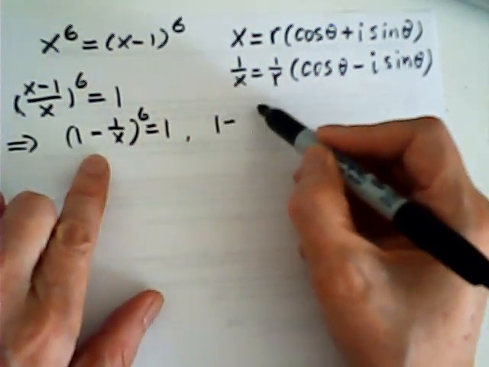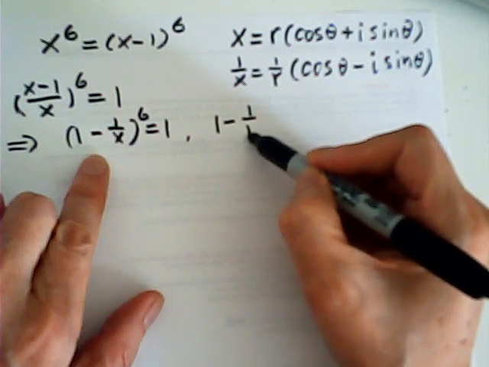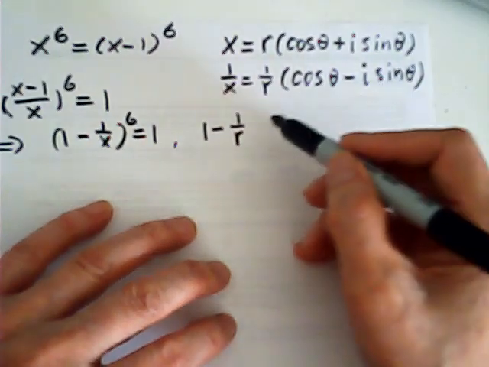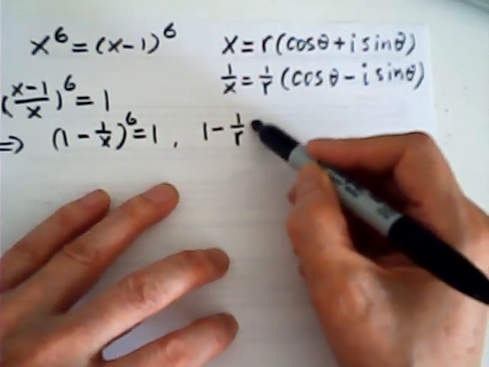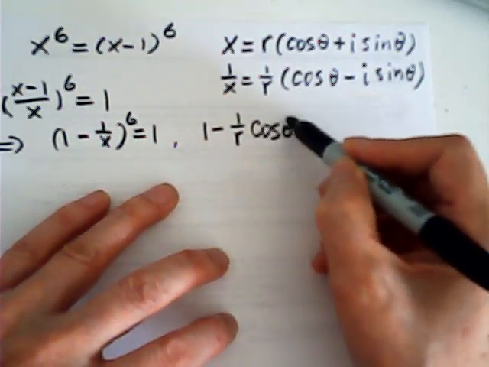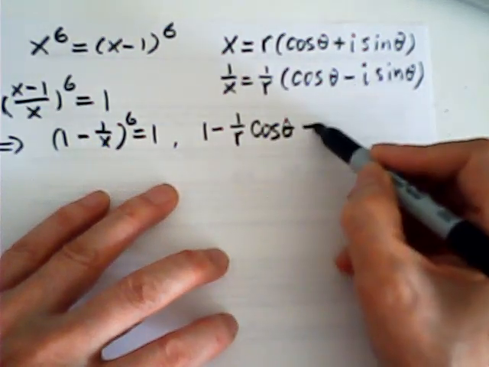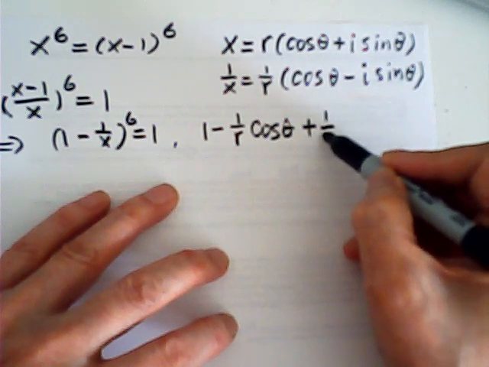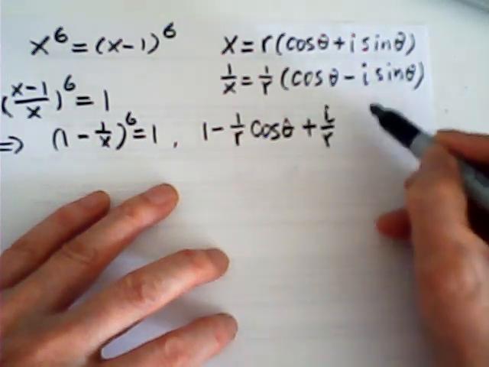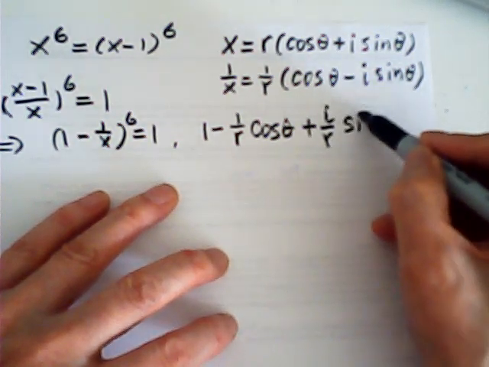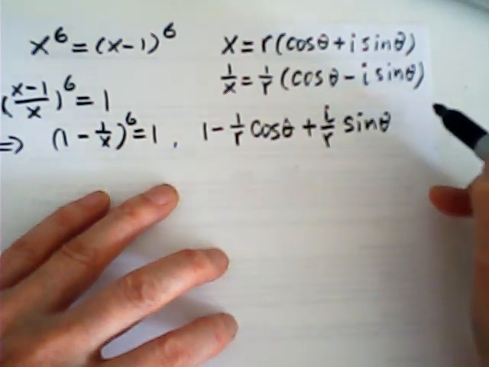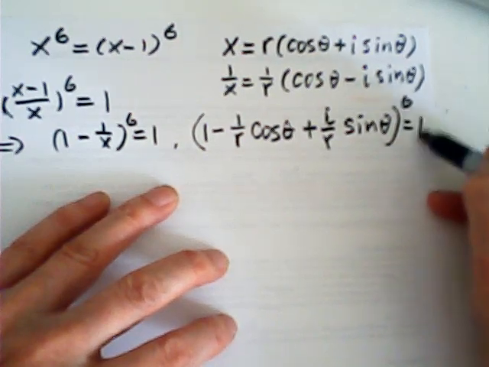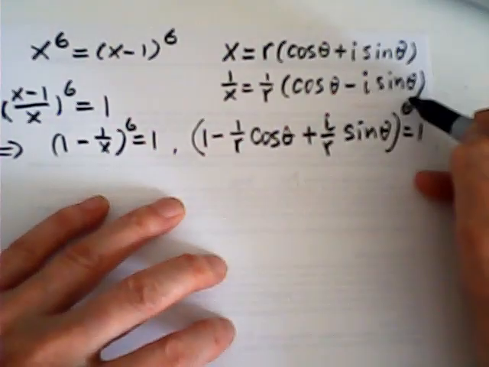r minus 1 over r times cosine theta plus 1 over r times i sine theta, to the power of 6 is equal to 1.